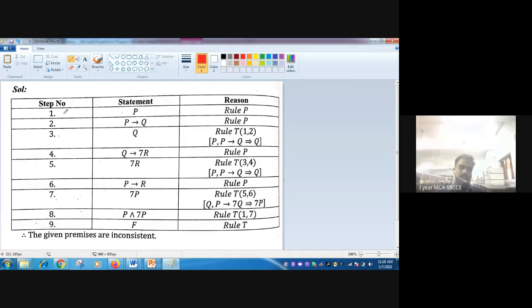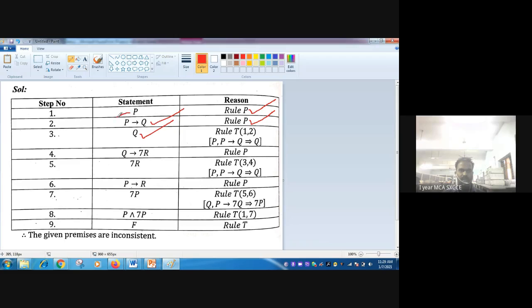The first column consists of step numbers, the second one is statements, and the third one is reason. The first one is statement P, with the help of rule P, because it is the given premise. The second one is also rule P, and Q. The third one is Q. This Q comes using rule T from steps 1 and 2.